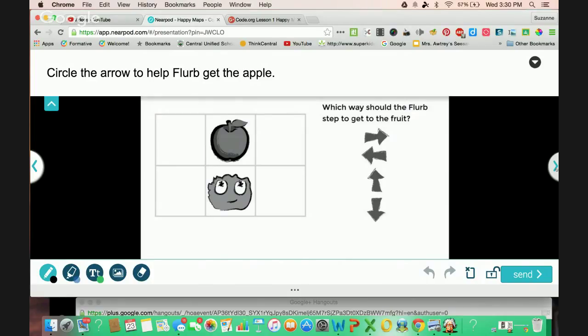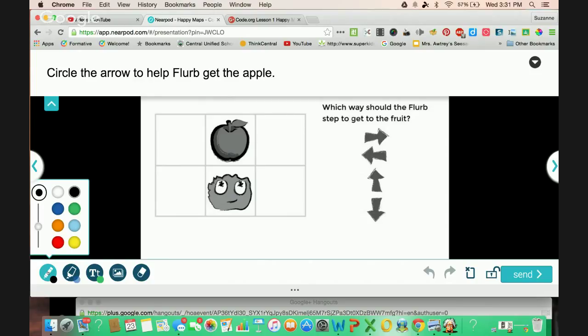I am going to place my arrow facing one direction, and my partner will decide which way Flurb needs to go to get that apple. And if we disagree, we are going to use our words and discuss why we think our way is correct. So go ahead and play this game with your partner using the because clapper when you disagree. Go ahead.